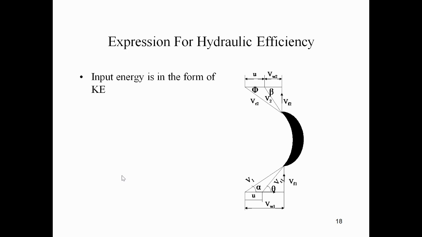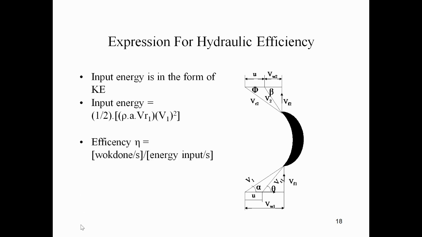The input energy is equal to half into rho A Vr1 into V1 square. This is the formula of input energy.